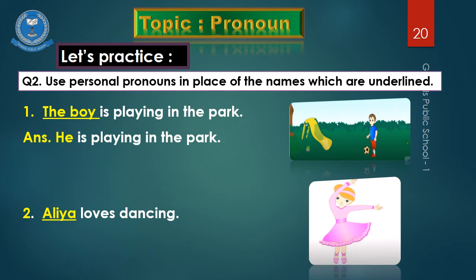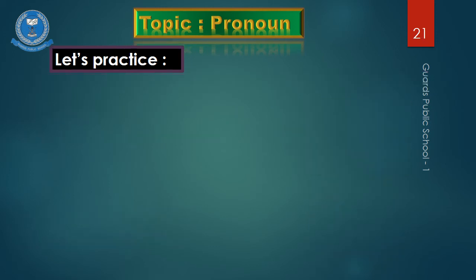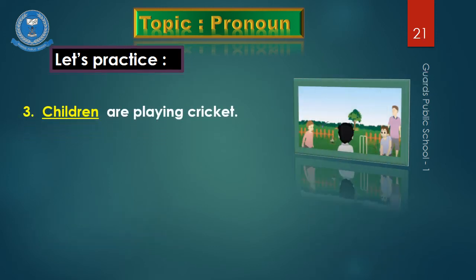So, the pronoun we will use here will be, she loves dancing. Example number 3 is, children are playing cricket. Now, children means so many children. So for many people I have told you we will use the pronoun they. Very good. They are playing cricket.